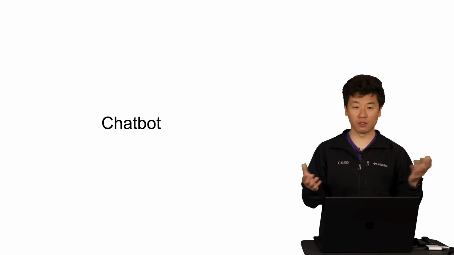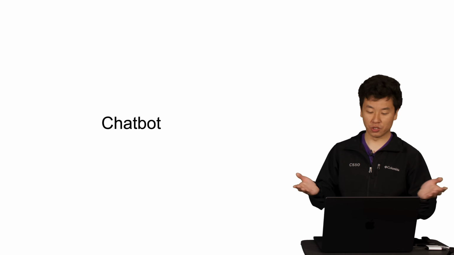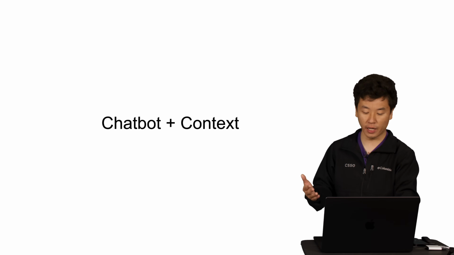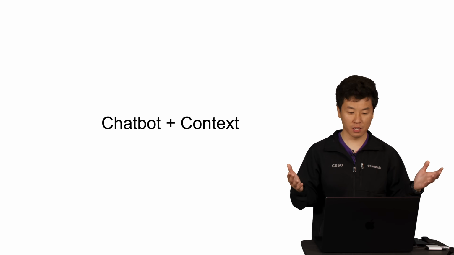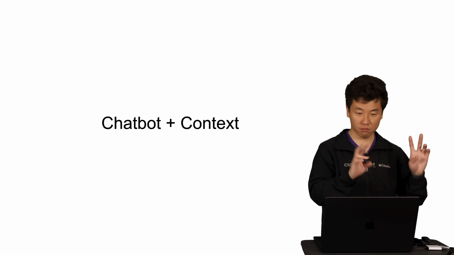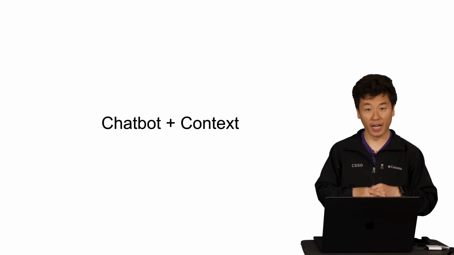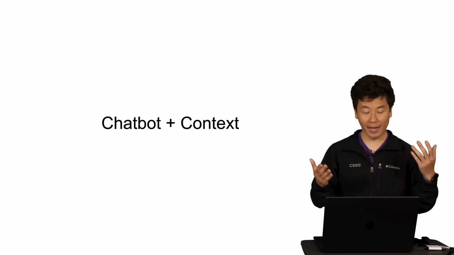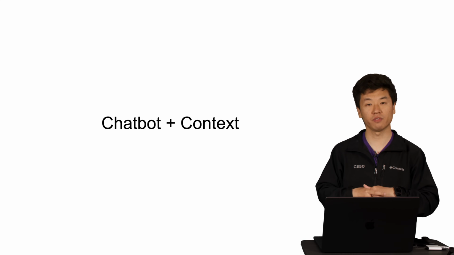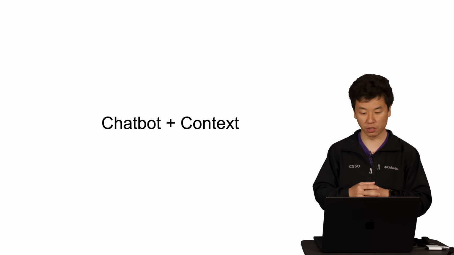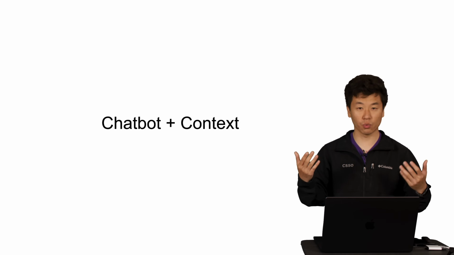So the CS50 Duck, you can view it as a chatbot essentially, but a chatbot with context. What it means is when you're talking to this particular AI chatbot, it understands that your question likely falls into the domain of CS50 or computer science in general. That's why it has context. It knows what you are talking about.